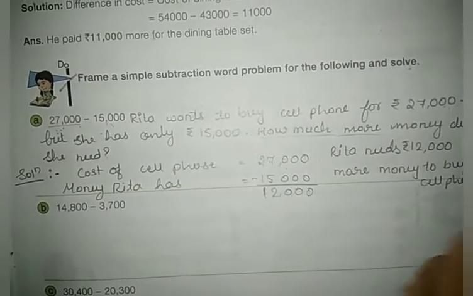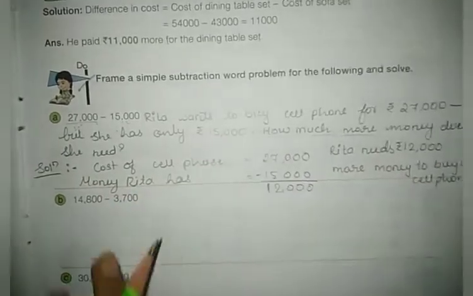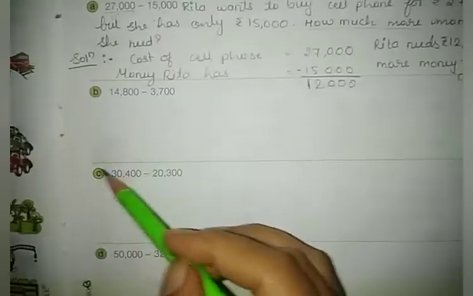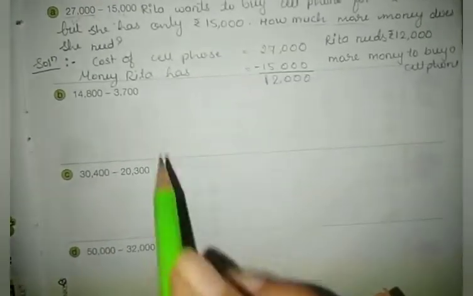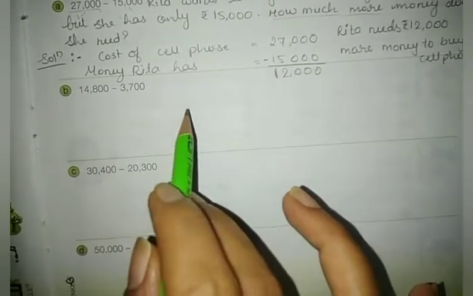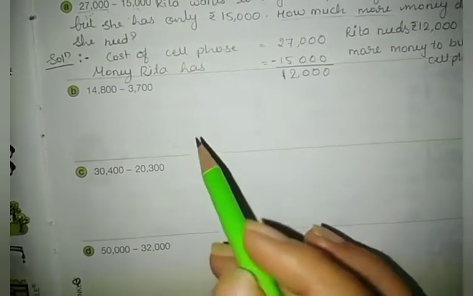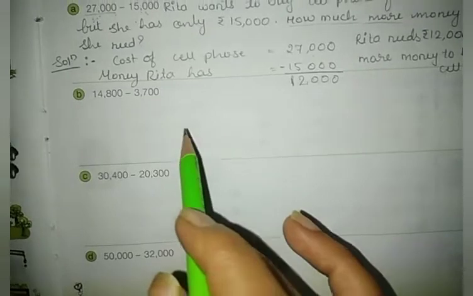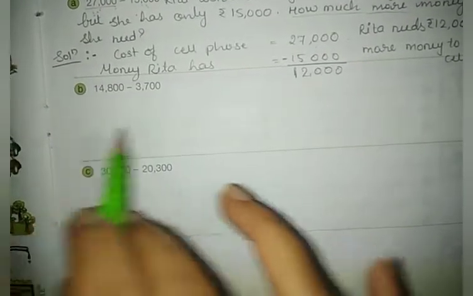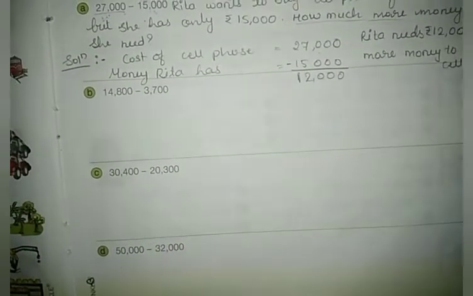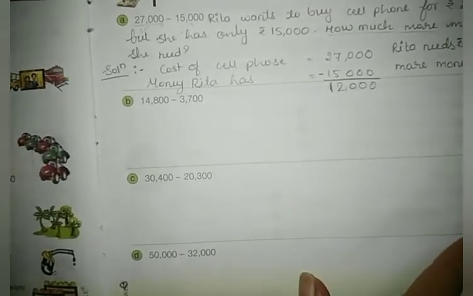This is the statement. Okay, children, for the next B, C and D, you will frame simple word problems, and also you need to do the solution, that is find the answer, and send. Okay, do this and send. We'll see the next page now.